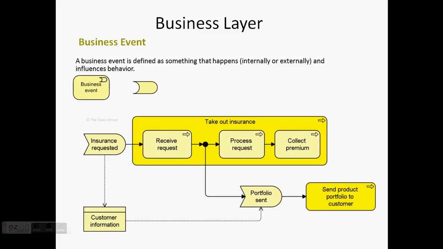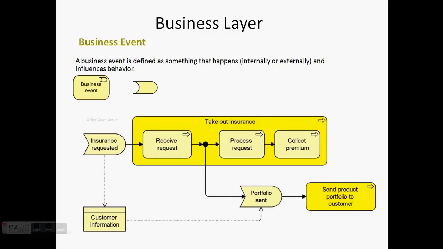Also, a business process may raise events that trigger other business processes, functions, or interactions. A business event is most commonly used to model something that triggers behavior, but other types of events are also possible, for example, an event that interrupts a process.